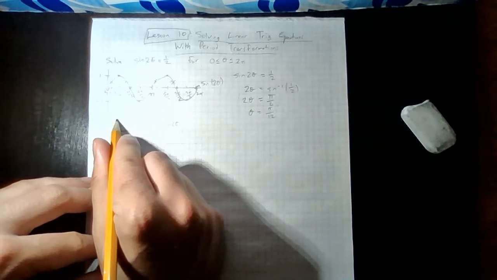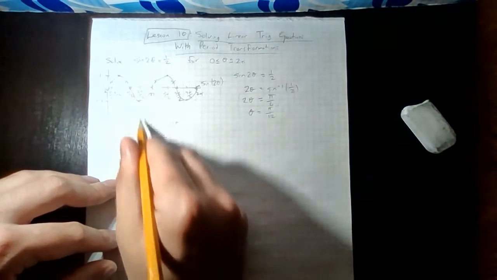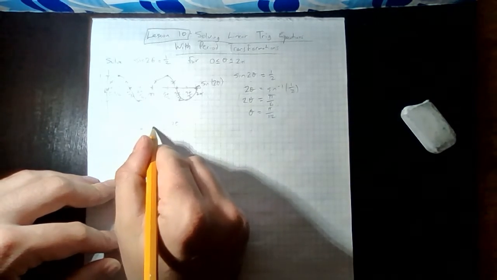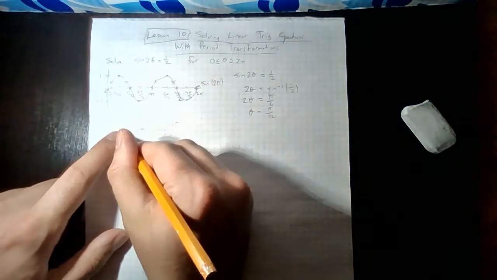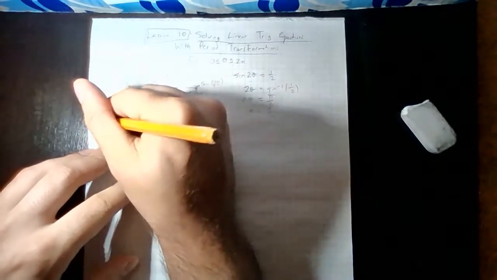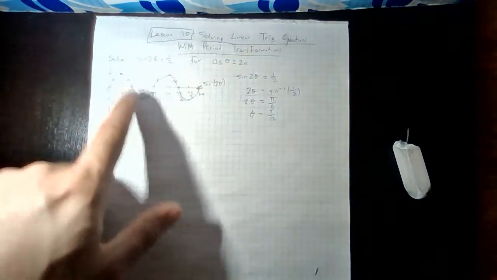Another angle where this was positive is pi over 4, pi over 2. So our angle theta here is pi over 6.